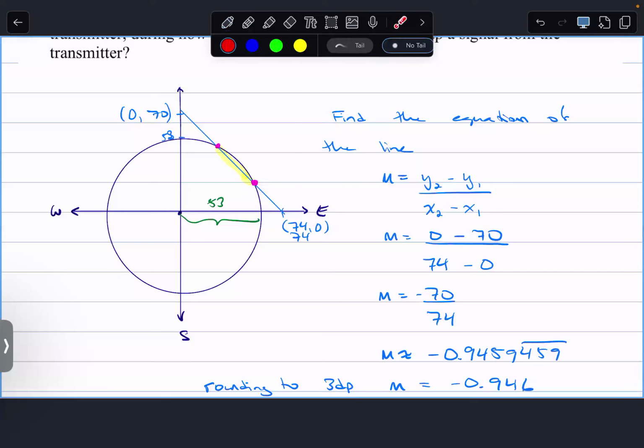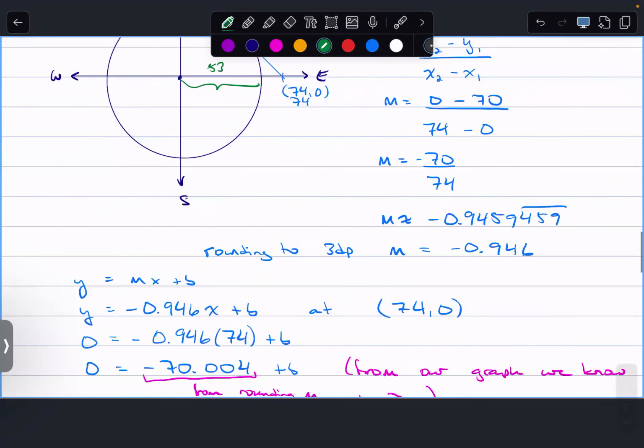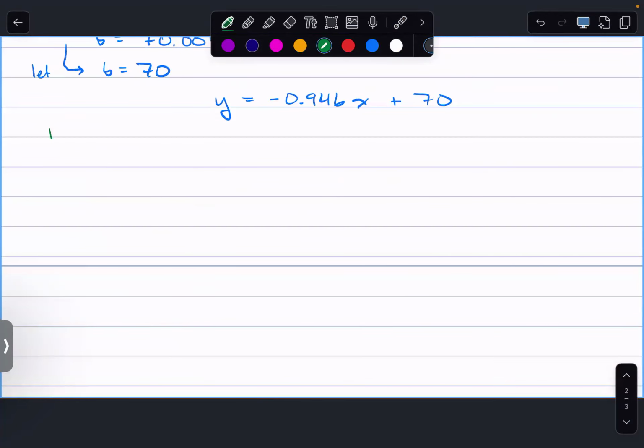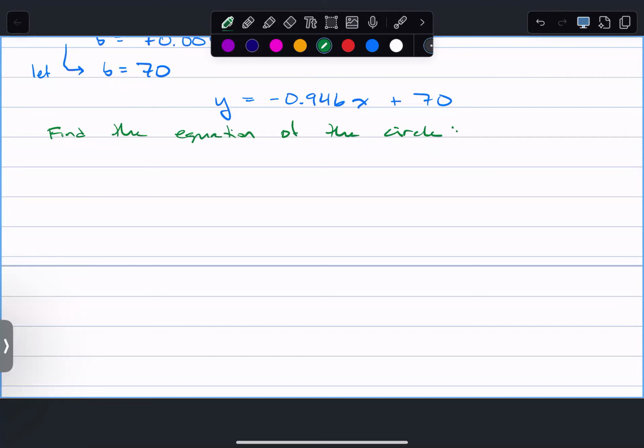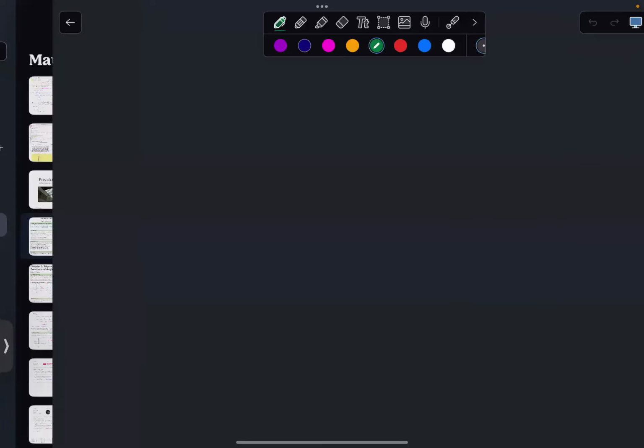Phase 2. Find the equation of the circle. I'll use blue for find the equation of the line, and then I'll use green for find the equation of the circle. The general equation of the circle, and I posted the updated formula sheet, which includes the circle equations that you'll have.